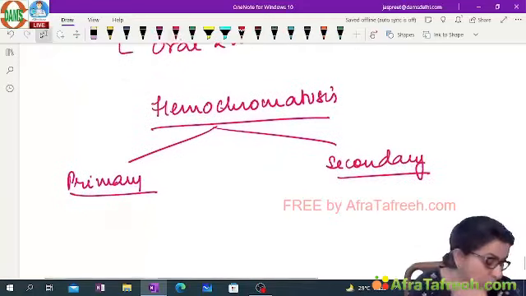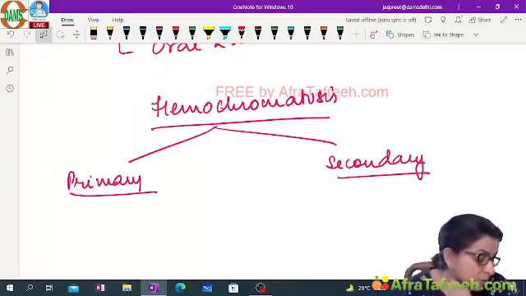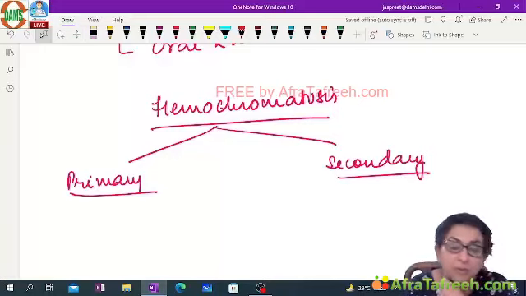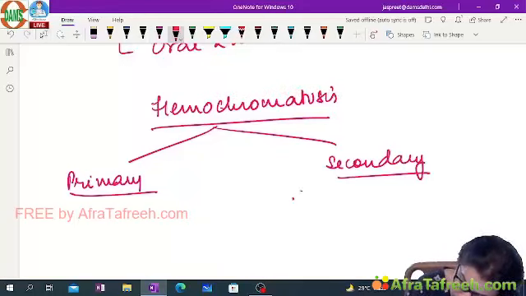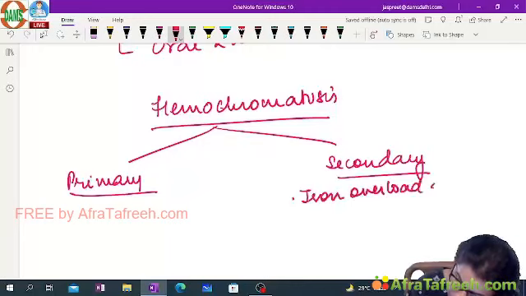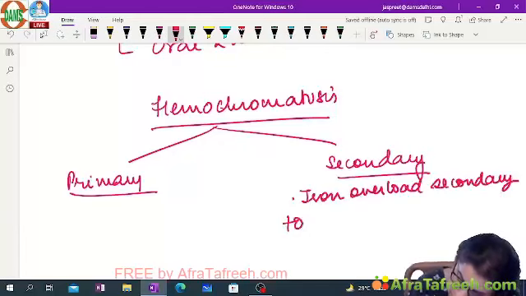Okay, secondary hemochromatosis, where do you see? This is iron overload secondary to chronic blood transfusions.